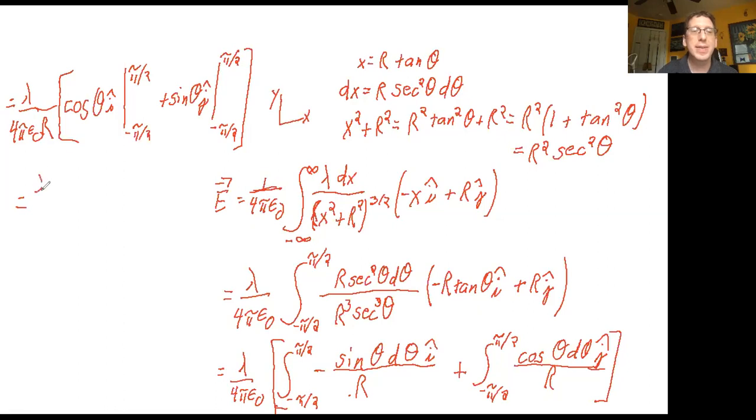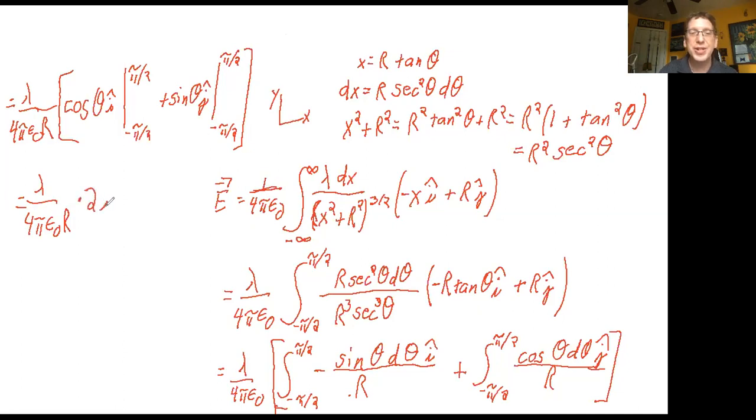So that's lambda over 4 pi epsilon naught r, and the sine of pi over 2 is 1, and you're subtracting from that the sine of negative pi over 2, which is negative 1. So 1 minus negative 1 is 2.